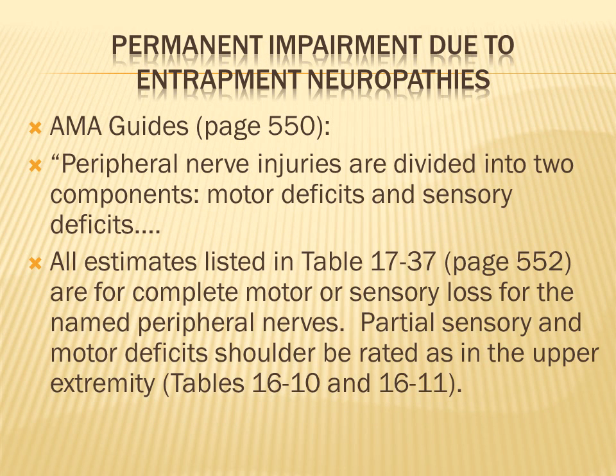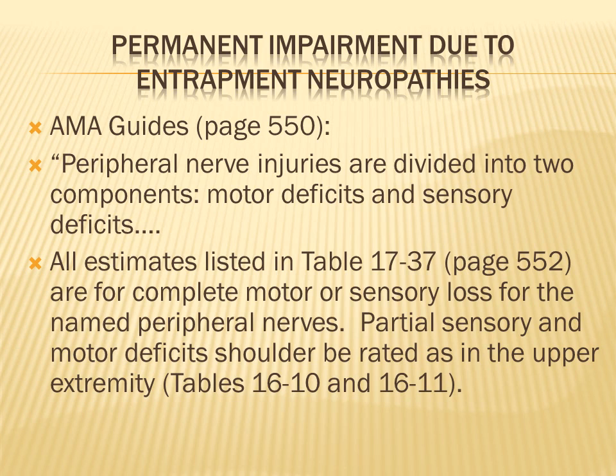Okay, so from chapter 16, let's fast forward into chapter 17, and the AMA Guides say here on page 550 that peripheral nerve injuries are divided into two components: motor deficits and sensory deficits. We've spent quite a bit of time talking about sensory and motor functions of the named peripheral nerves.